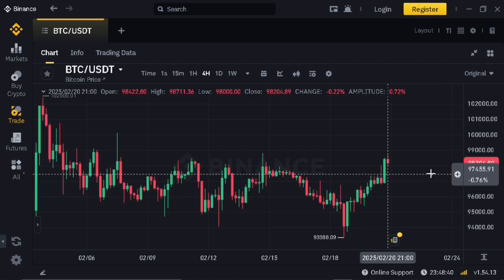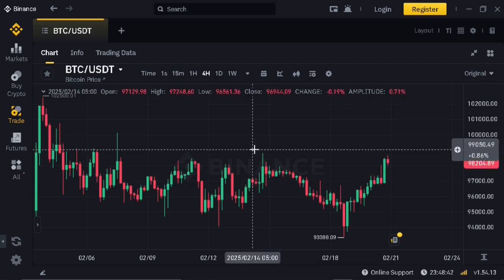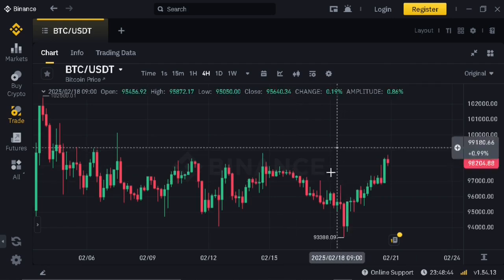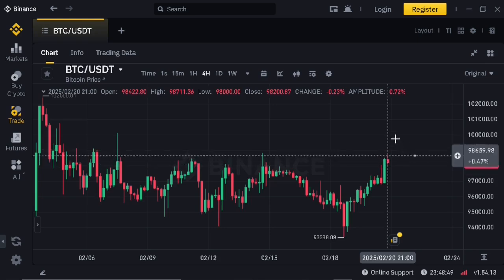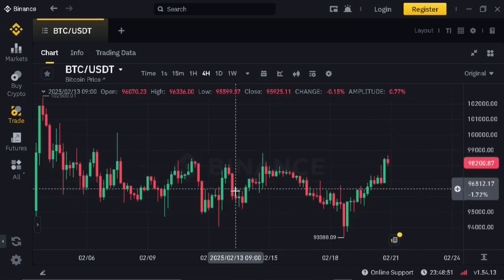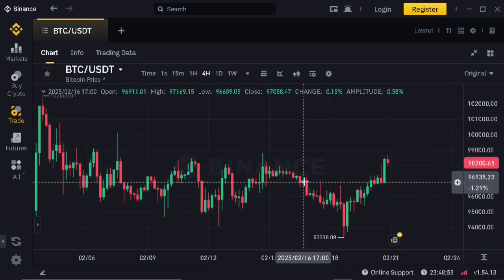With that, let's check out the second entry condition right now. The second entry condition for long trading opportunity states that the latest 4 hours candlestick of the BTC USDT cryptocurrency must be convincingly trading in a green candlestick.